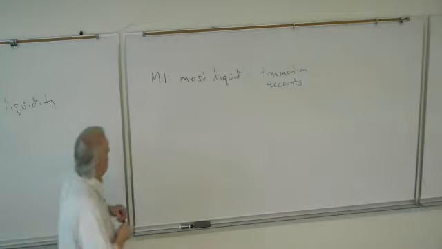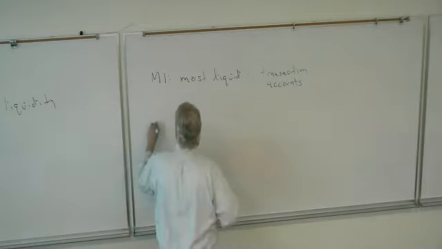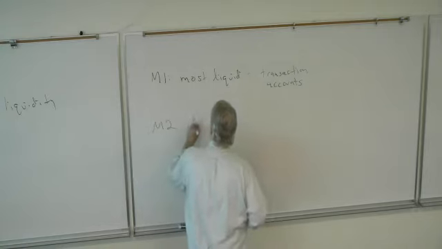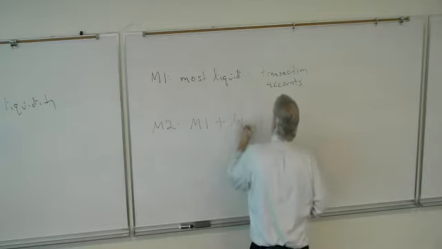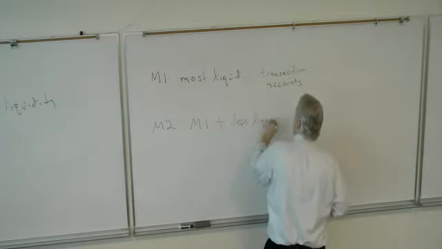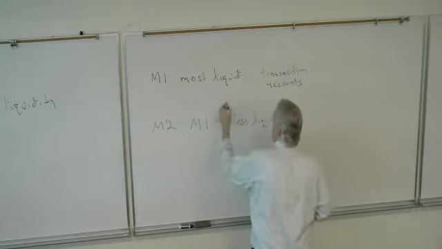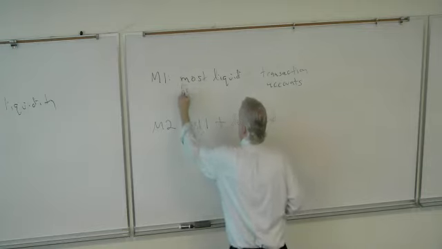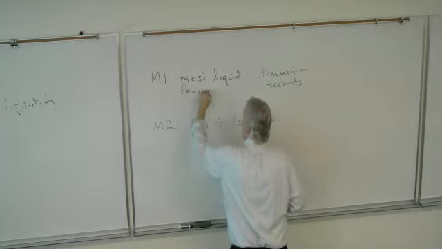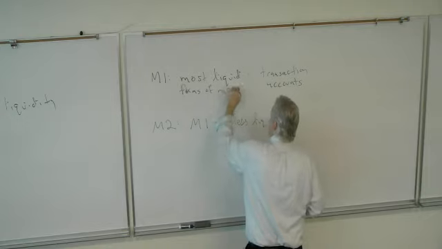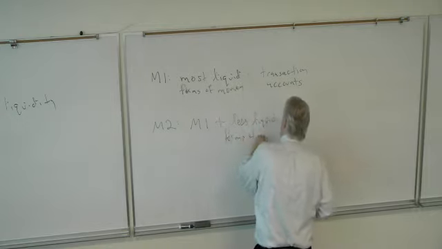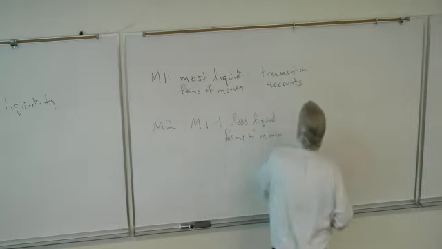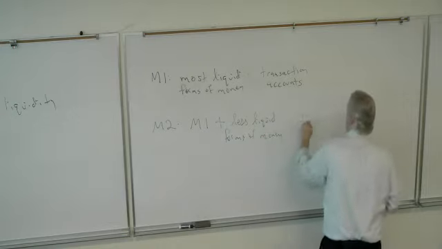The next part of the money supply is M2, which is basically this. It includes all of M1 plus less liquid forms of money. If this is the most liquid forms of money, maybe I should round that out a little bit. This is less liquid forms of money, and it includes things like time deposits.